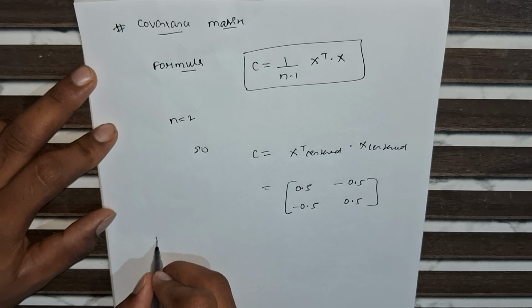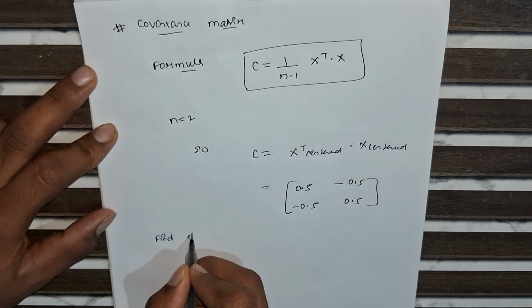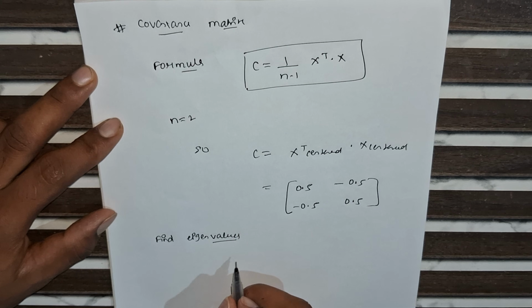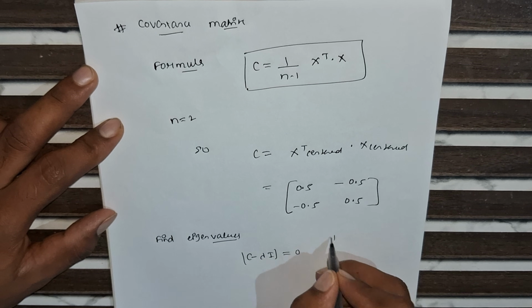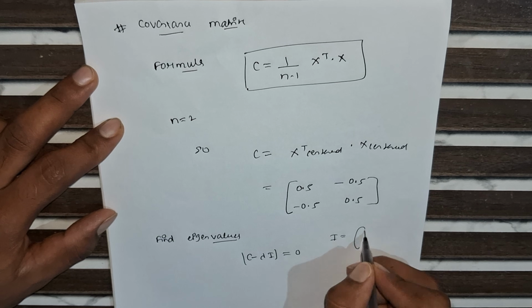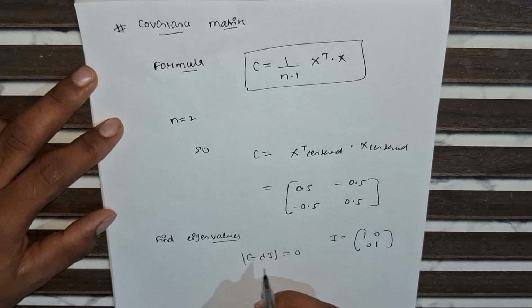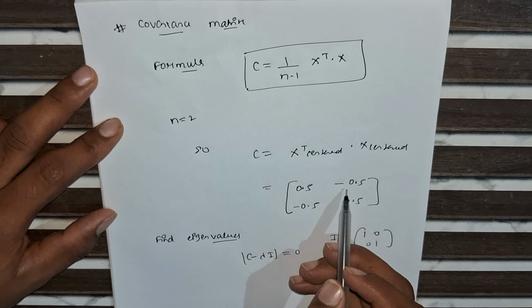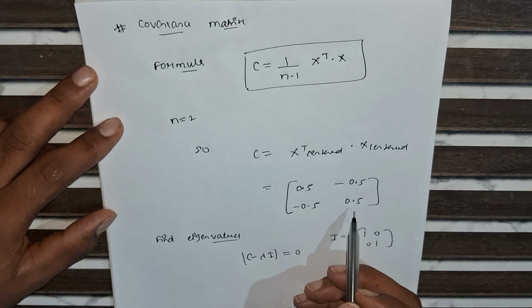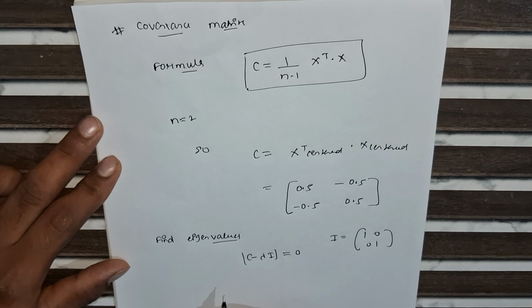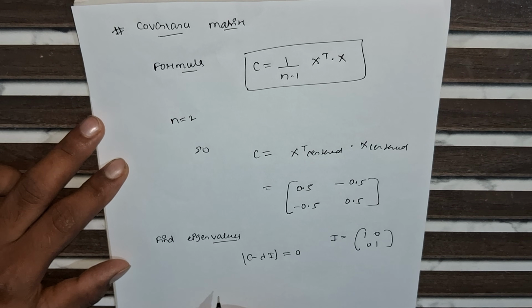To find the eigenvalues, the determinant of C minus lambda into I is equal to 0. I is nothing but the identity matrix 1 0 0 1, and the C value is this 0.5, minus 0.5, minus 0.5, 0.5, and lambda is nothing but our eigenvalues, which we have to calculate.